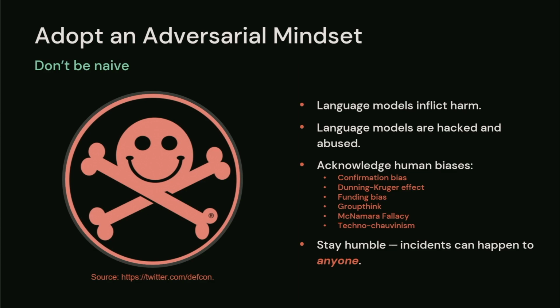There's confirmation bias and funding bias. Everyone that's worked so hard on this system really wants it to work. Everybody that's paid for this system really wants it to work. And if you think those biases don't cloud your judgment when you're making hard go, no-go decisions about deploying an AI system, I would just tell you not to be naive.